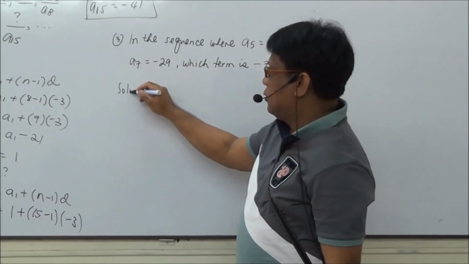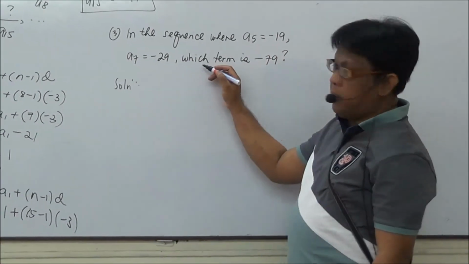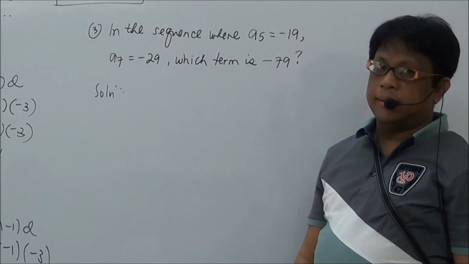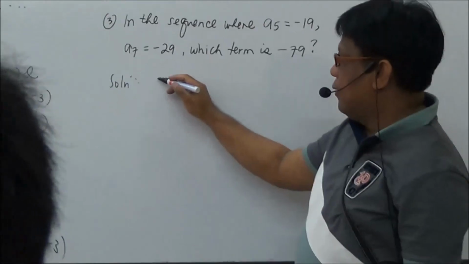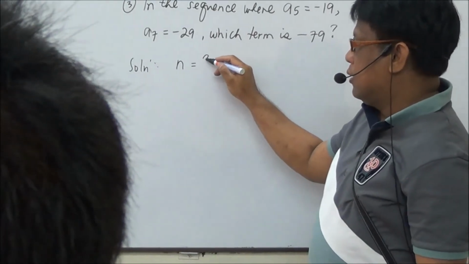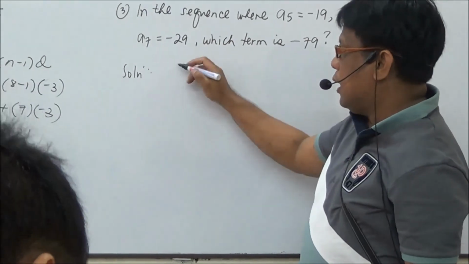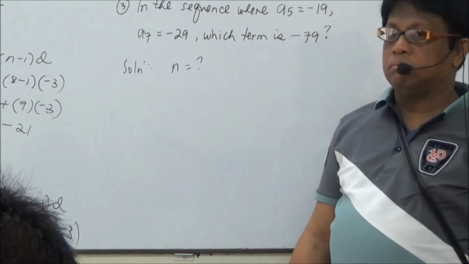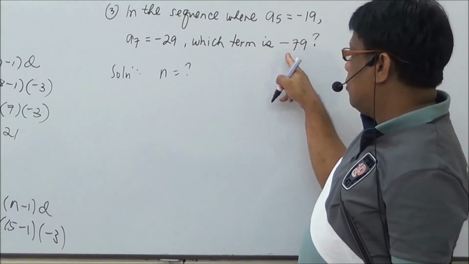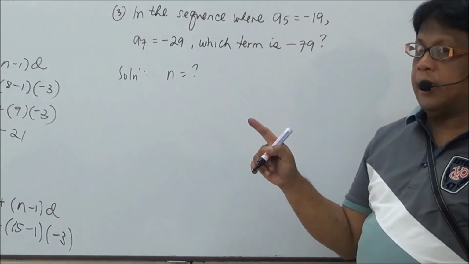So, what do we mean when we say which term is negative 79? So, it means that we have n, n is the unknown here in this problem because we are to define which term is negative 79.